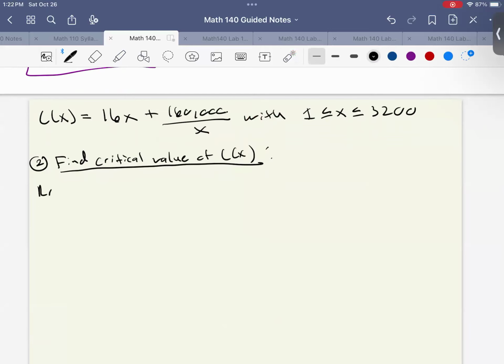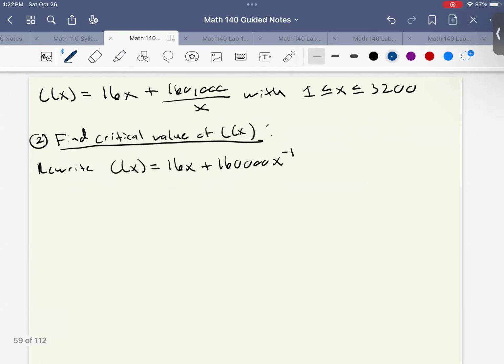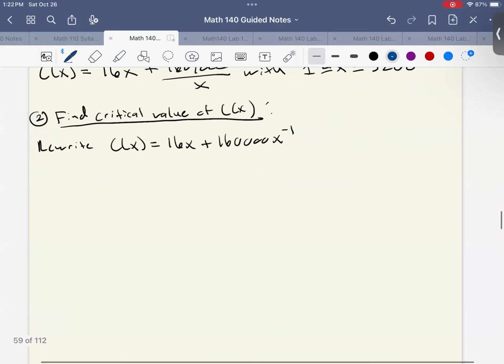I'll say rewrite C of X as 16X plus 160,000 X to the -1. Okay, so now we've got to find the derivative.